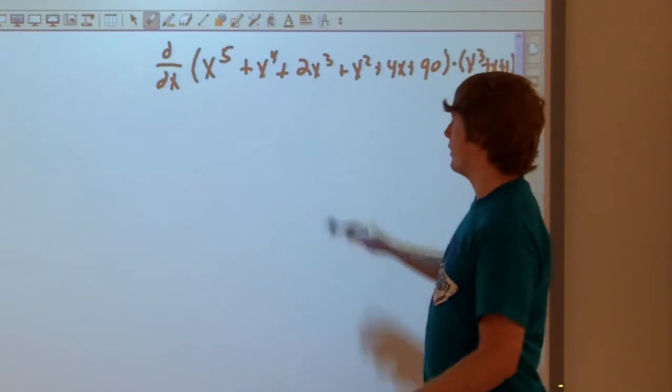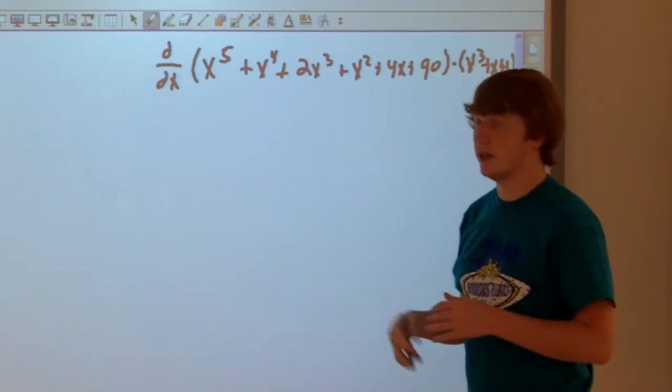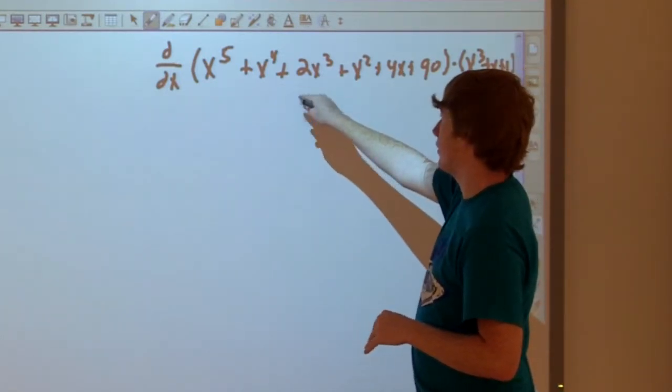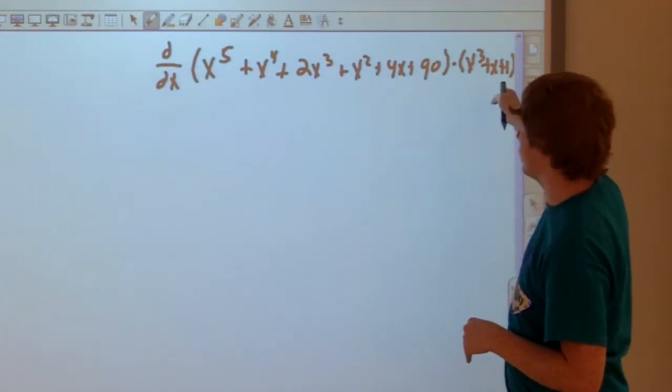So now if we go back to this example, we can use the product rule to take this derivative. So we do the derivative of the first, we'll call this our f of x, times our g of x.